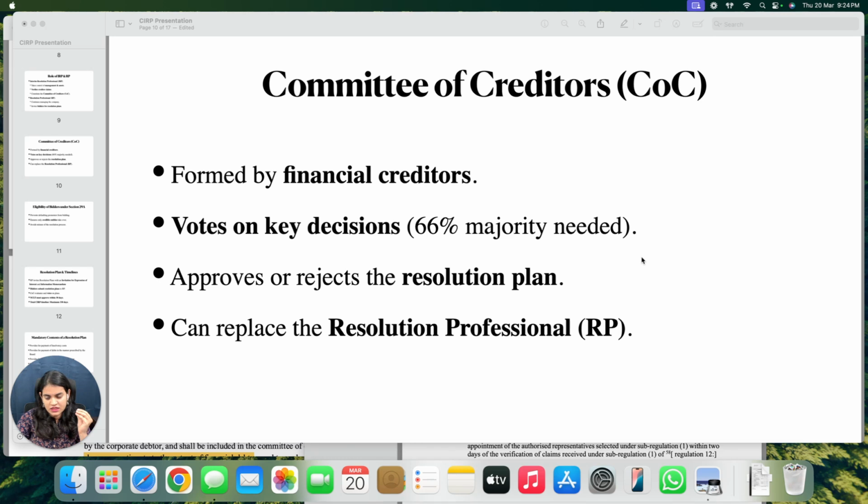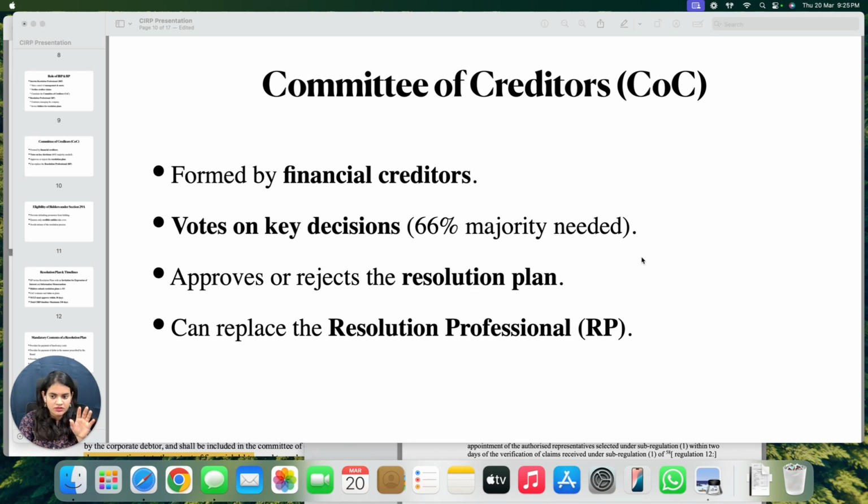Once the meeting commences, the IRP acts as the chairman. He calls for the attendance of all the participants. If the meeting does not have sufficient quorum, at least 33% of the financial creditors, to the extent of 33% voting share, must be present in the meeting.